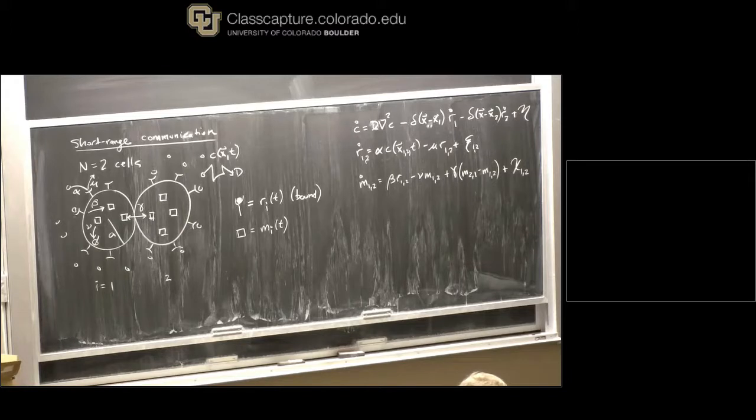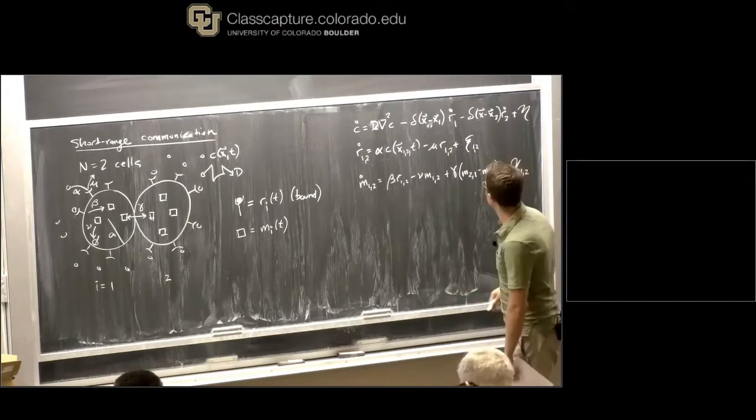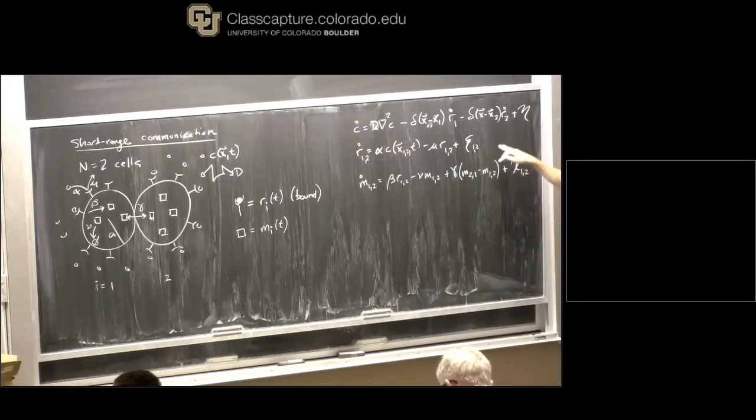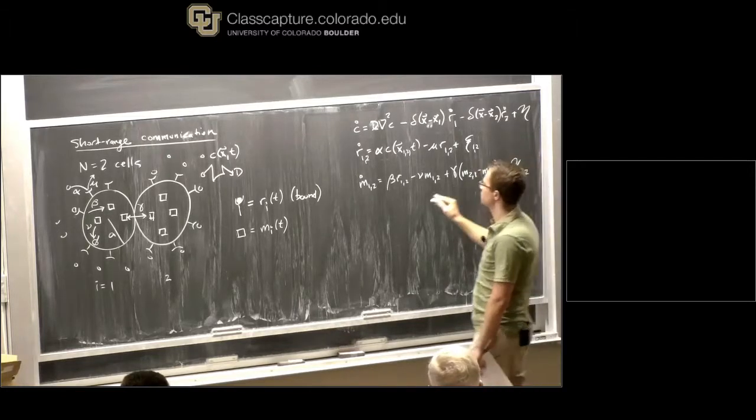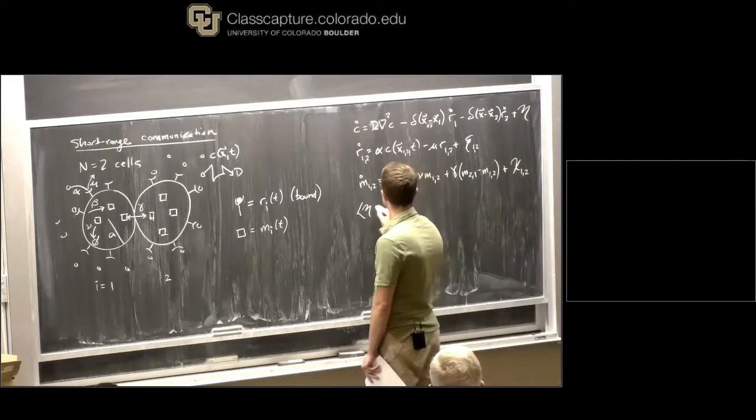Okay. All right. So just to be clear, we can't solve this unless we specify the statistics of these noise terms. They're all zero mean, as we have been working with. The statistics of this eta are exactly the same as we saw before.